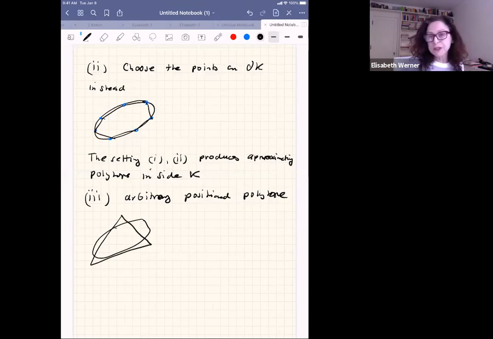And this has some advantages. It gives an improvement on the dependence of the dimension, but I will not discuss this, just as an aside.